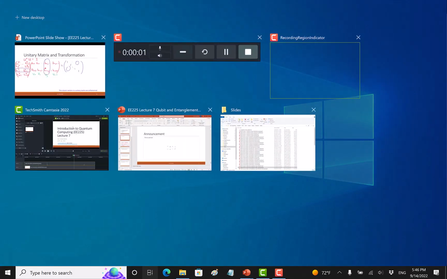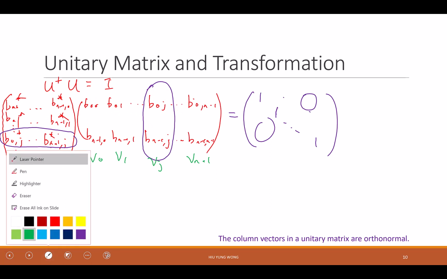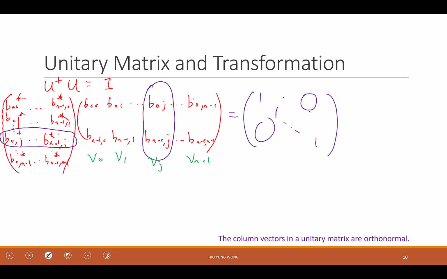But each of these rows is nothing but the transpose of the other, right? I don't do this well, but for example, this one, if I call this a ket, what is this? This is just a bra.